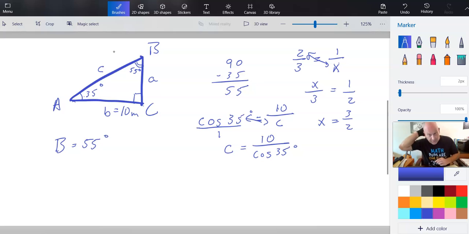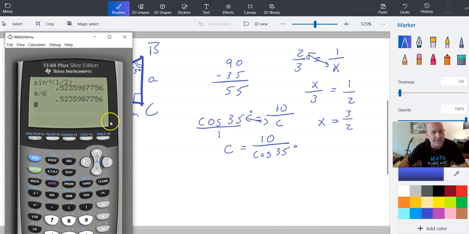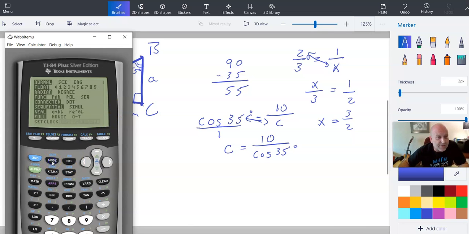Now, at that point, what we need to do is just go ahead and calculate it. So okay, there's my calculator. First of all, since this is in degrees, we need to make sure that we are in degree mode.